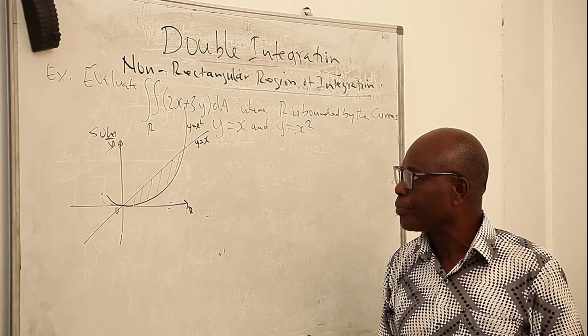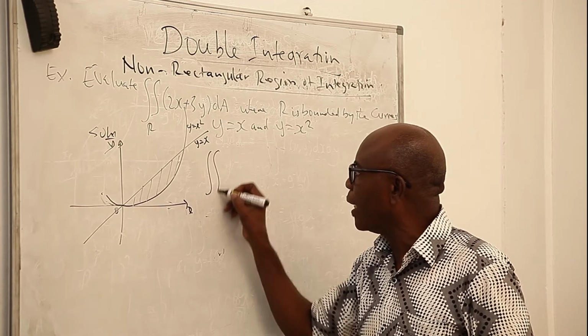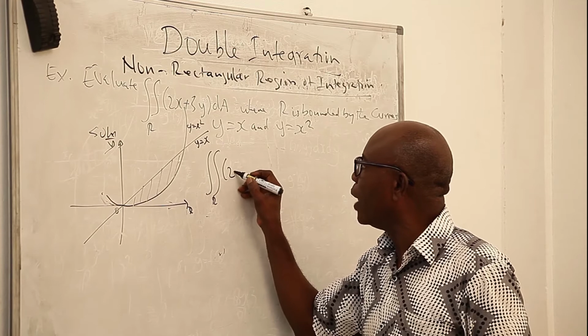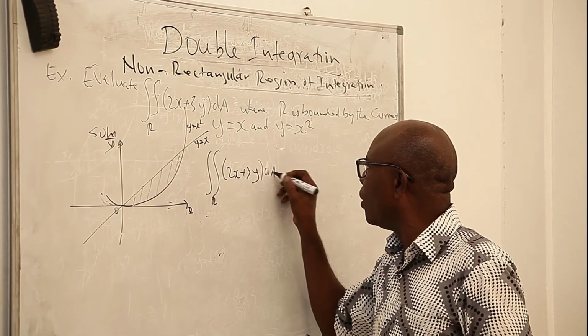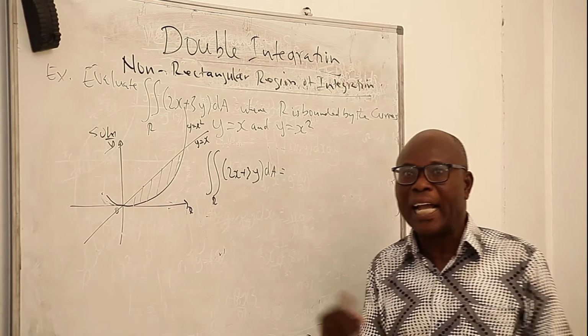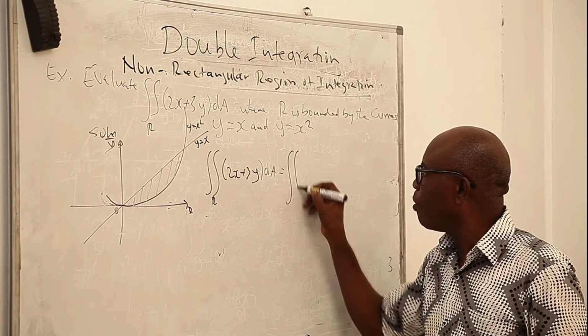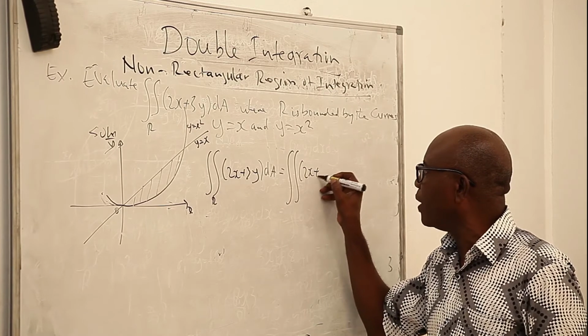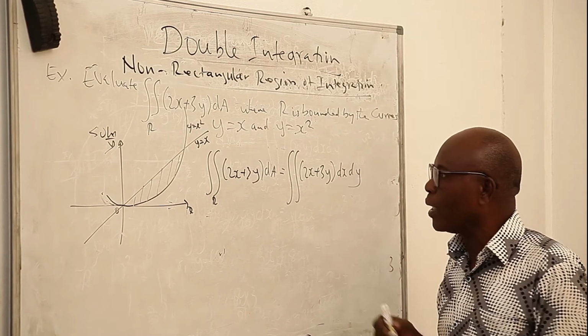And so our double integral of 2x plus 3y dA, we can formulate it along the x-axis or the y-axis. So let's formulate it along the x-axis first, which will have dx dy.